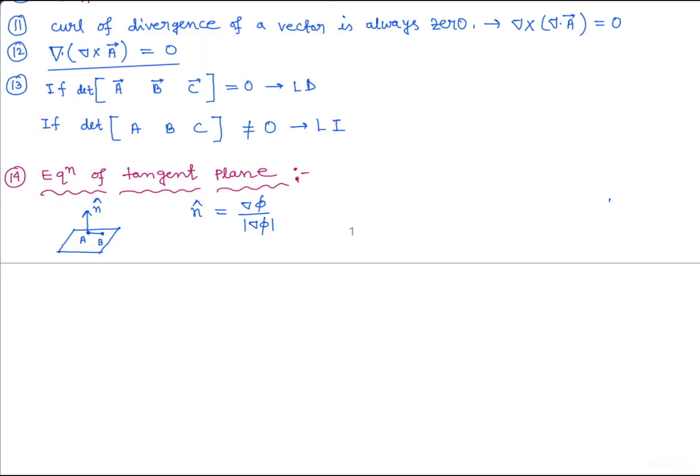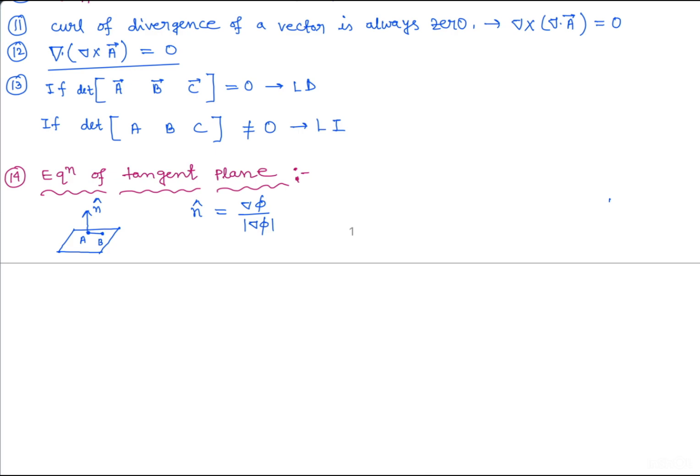For the equation of the tangent plane, we first find the normal vector to this tangent plane, then find a vector AB lying in this plane.